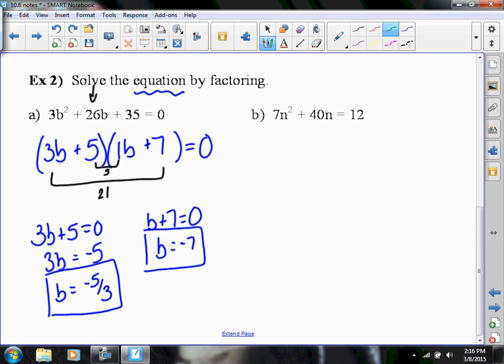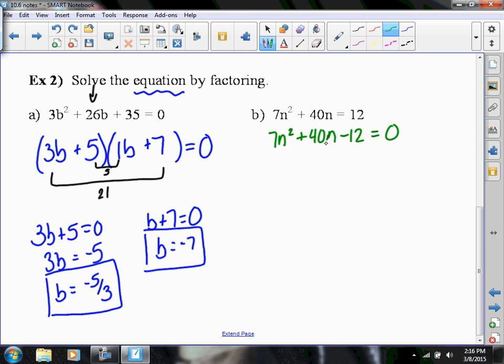Okay, for part B then, this equation is just slightly different because it's not set equal to 0. So I have to subtract that 12 over first. That way I'll have all my terms on one side of the equation, and now I can look for a GCF and begin to factor.